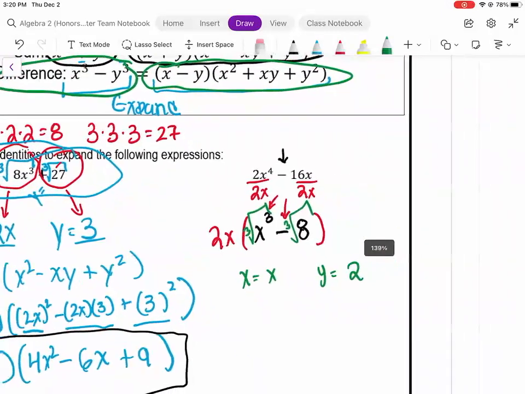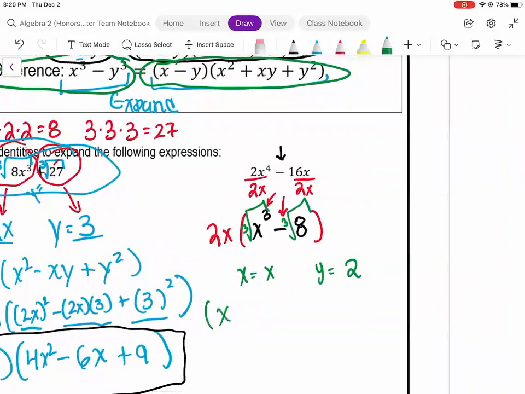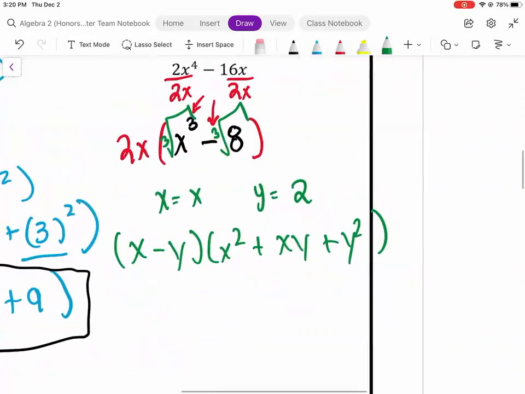And now let's just go ahead and use the formula, which is this one right there. So that's x minus y, x squared plus xy plus y squared. And I'm just going to go ahead and plug it in. Well, x is x, y is 2, so that's going to be x minus 2.